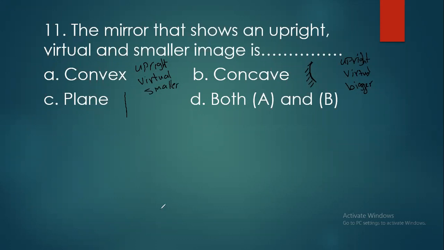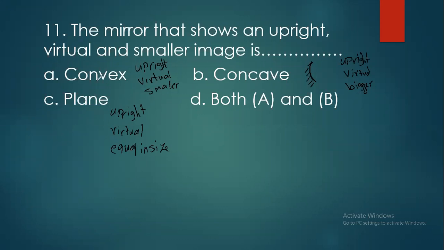And as for the third one, for the plane mirror, right, it makes upright, virtual but equal in size objects, right? So in this case, the only option here is A, right?